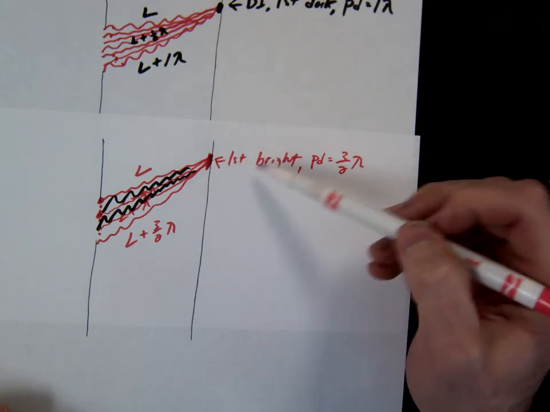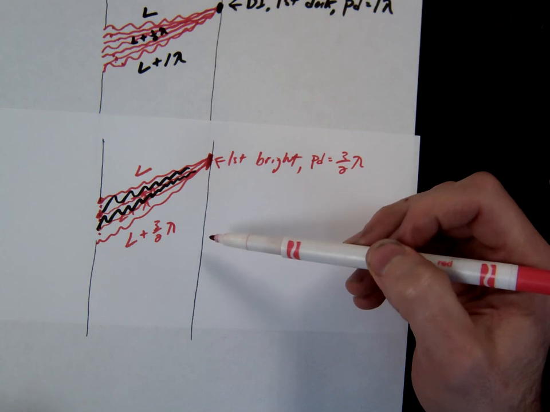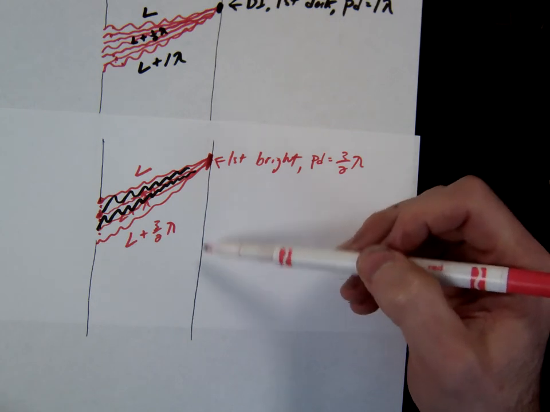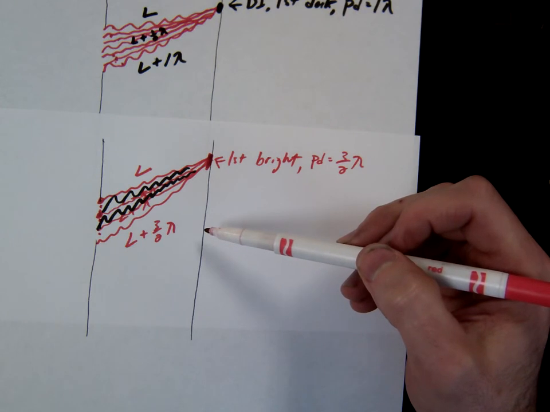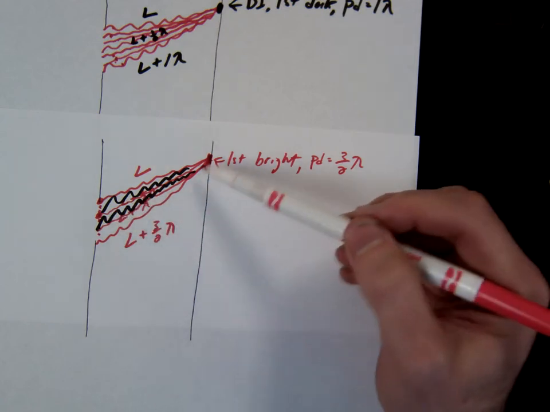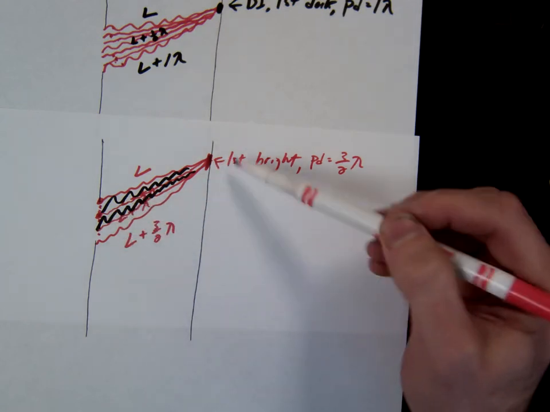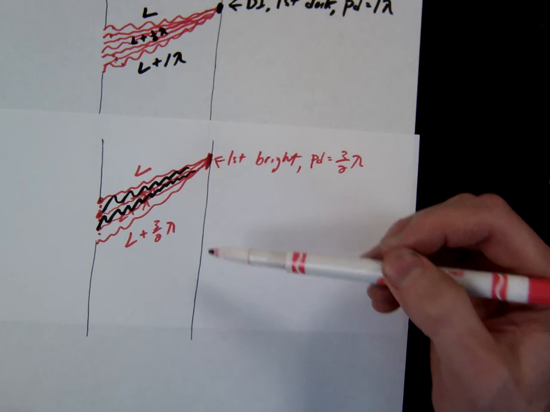And how would this compare to the central bright spot in terms of intensity? It should be dimmer. Why should it be dimmer? Because mostly the reason it exists is you're getting a lot of cancellation. In fact, 2/3 of it cancels, you're only left with 1/3. So it should be about 1/3 of what this central bright one is. Okay. So that's the first bright.